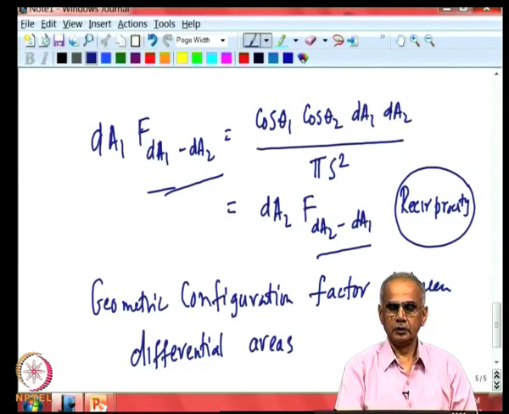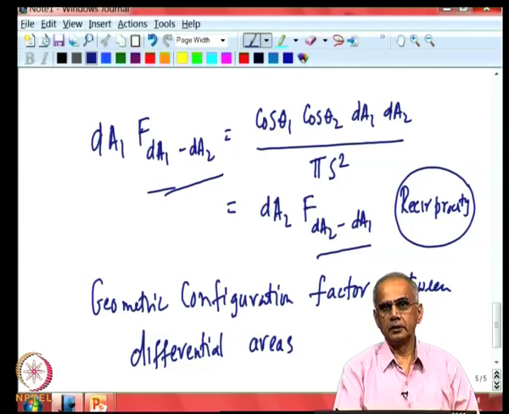Once you make that assumption, this geometric factor comes out naturally. As long as the radiation emitted and reflected by a surface is diffuse isotropic, you are guaranteed that the relation between the radiation leaving surface dA1 and reaching surface dA2 is a purely geometric factor.